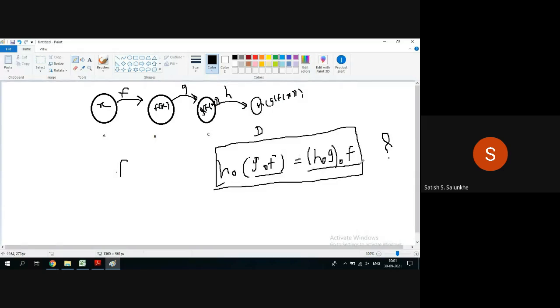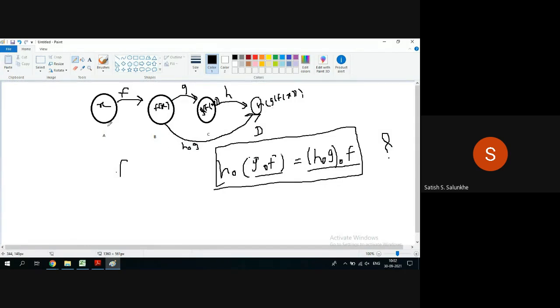Now, how will we interpret this? First we identify F of X, and then we need to identify H composition G. H composition G means you are trying to establish a direct relation from B to D. Whatever F of X is, you land in set B, and with the help of H composition G, you establish the B to D connection.